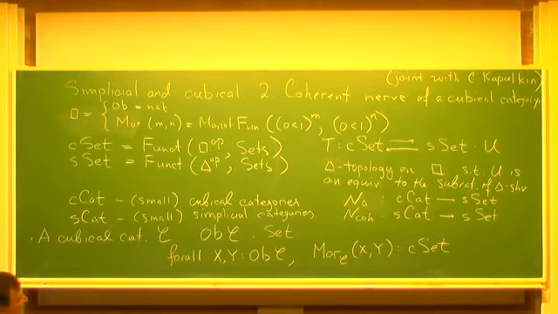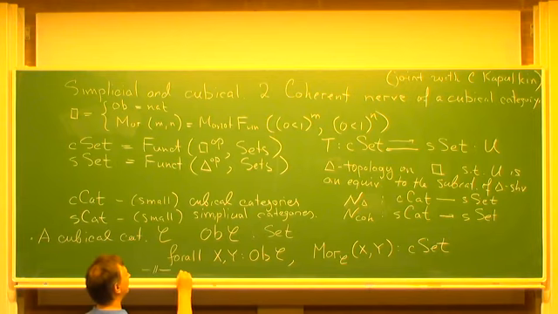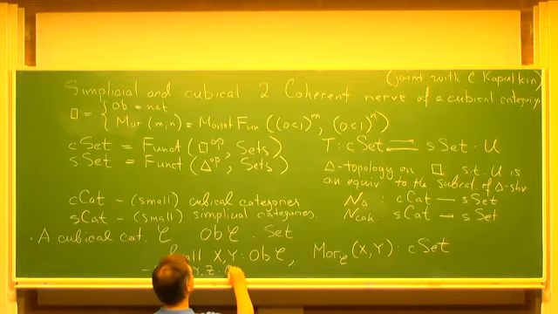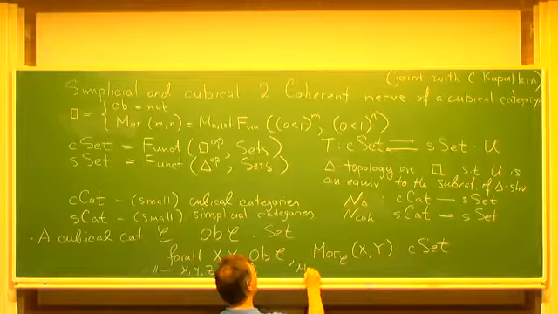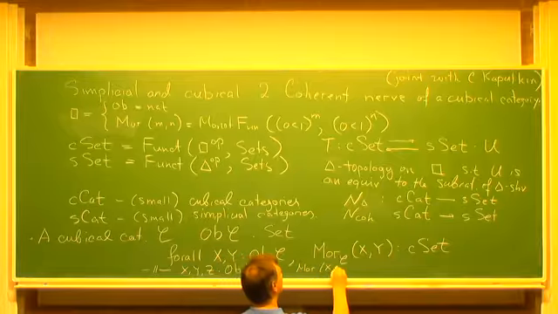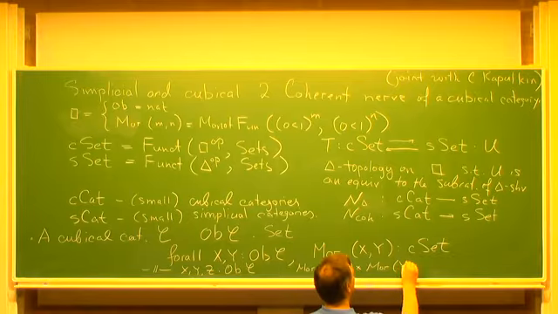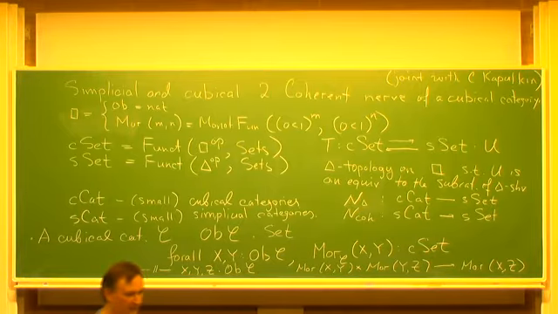And our composition is given by, for x, y, z in C, a composition which uses the product structure on the category of cubical sets.